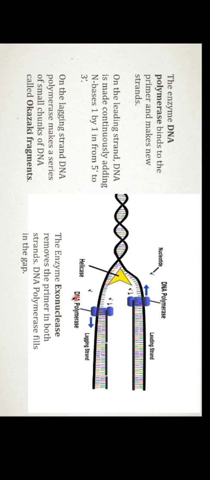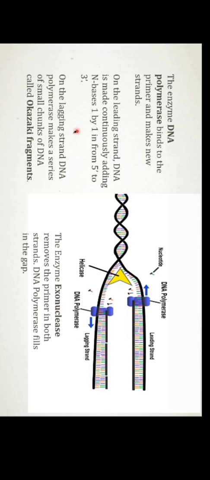And the DNA polymerase will only make small chunks of DNA, and that is called your Okazaki fragments. Okay, remember these terms: the Okazaki fragments, the enzyme DNA polymerase, leading strand, lagging strand.